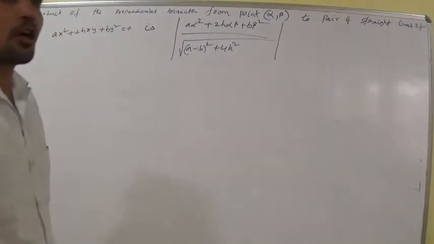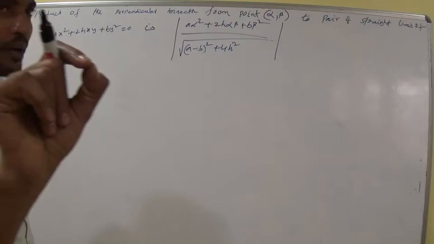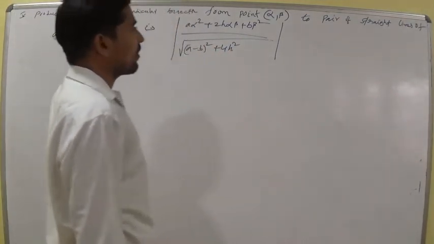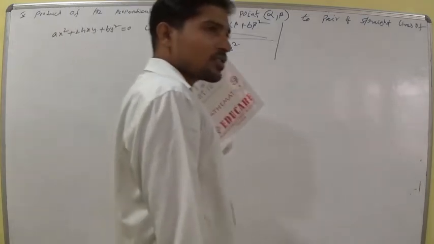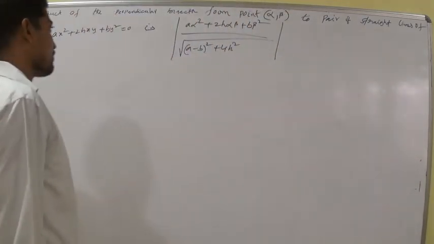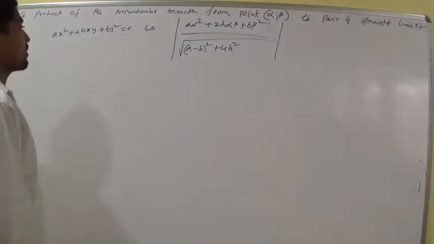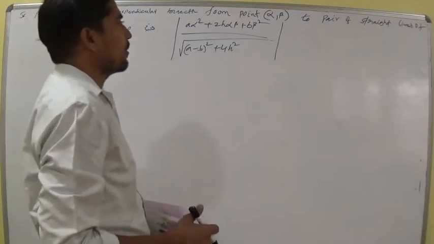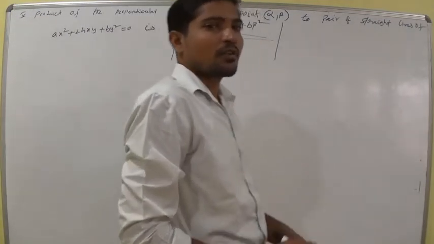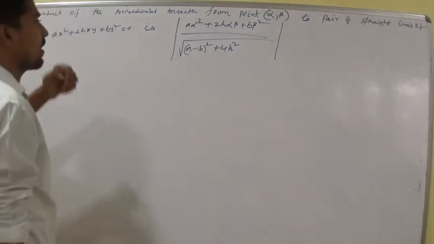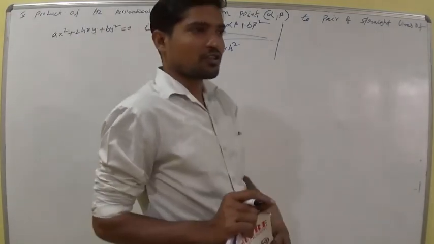Right? The product of the perpendicular bisectors from a point alpha comma beta to the pair of straight lines ax square plus 2hxy plus by square equal to 0 is a alpha square plus 2h alpha beta plus b beta square by square root of a minus b whole square plus 4h square.